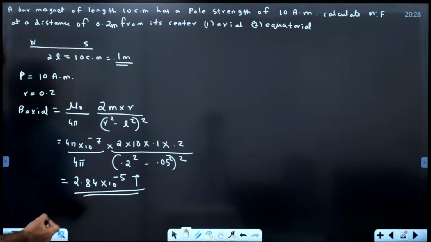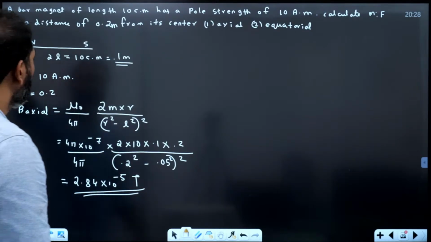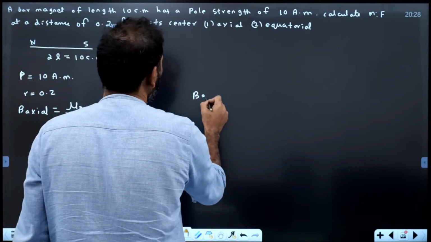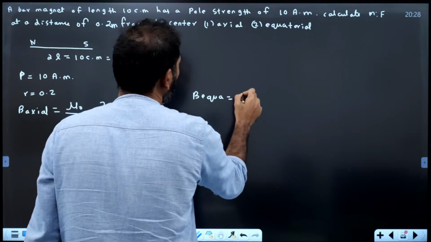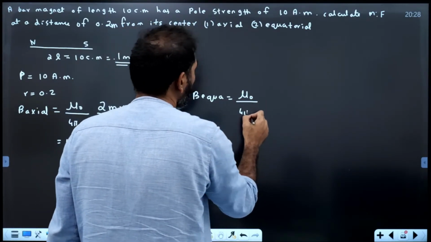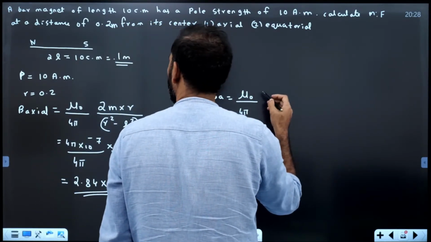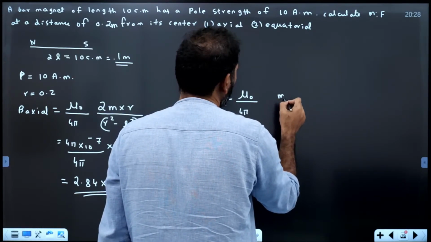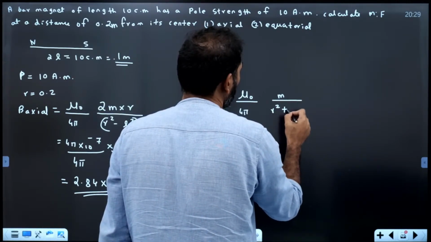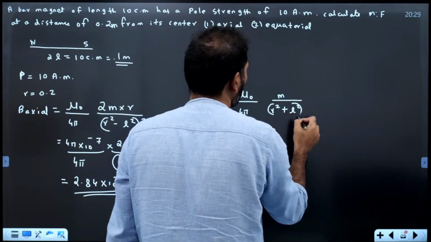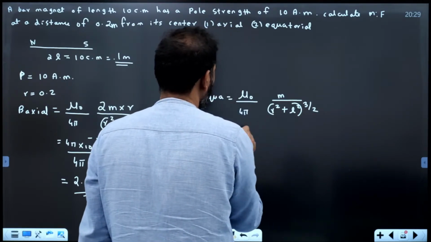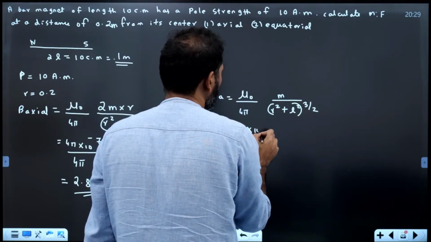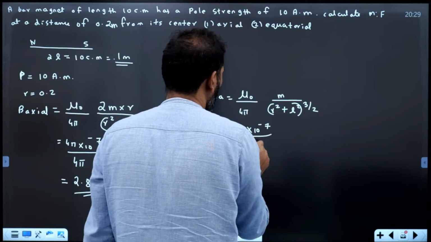I hope there is no doubt. Now B equatorial will be what? Mu 0 by 4 pi. What is the formula? Mu 0 by 4 pi, M divided by R square plus L square, whole raised to 3 by 2. So 4 pi into 10 raised to minus 7 divided by 4 pi.